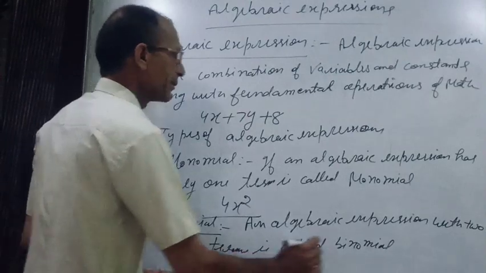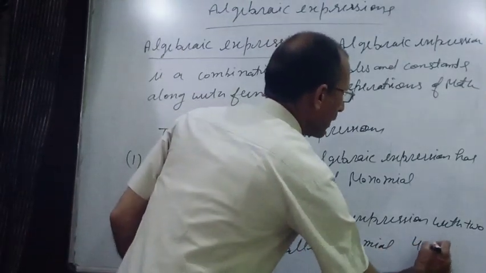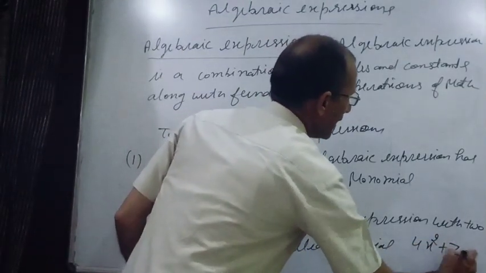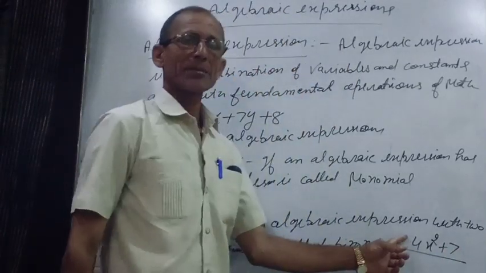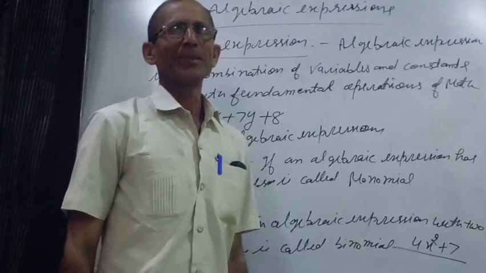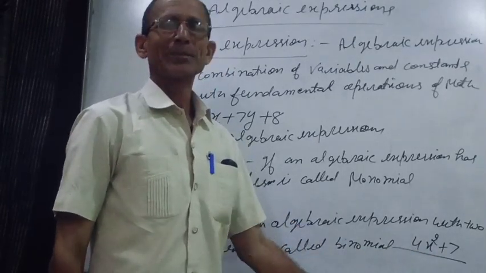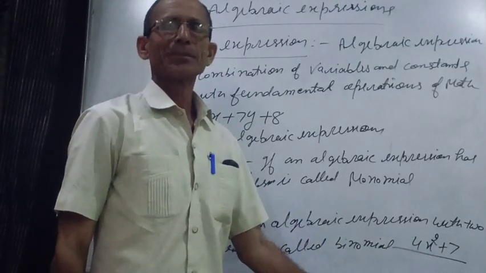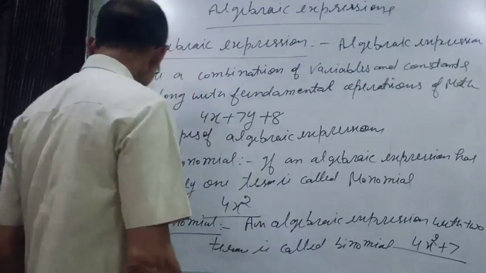For example, 4x square plus 7. There are two terms. The first term is 4x square and the second term is 7. So this is a binomial. Is it clear? Yes.